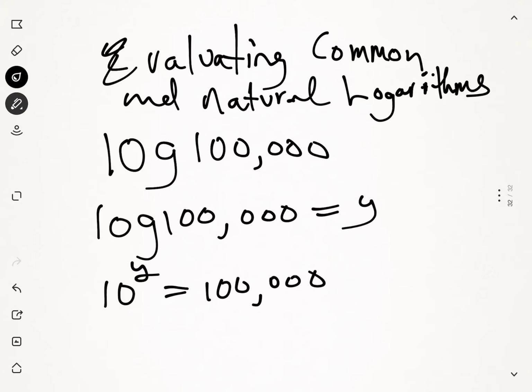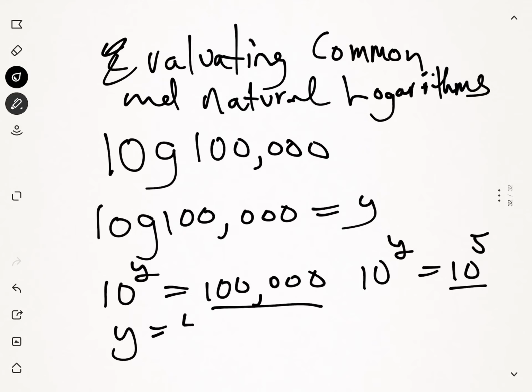So you know what y has to be, 5. Or equivalently, you could write 10 to the y equals 10 to the 5th, because 10 to the 5th equals this. So 10 to the 5th over here, then I know y is equal to 5.